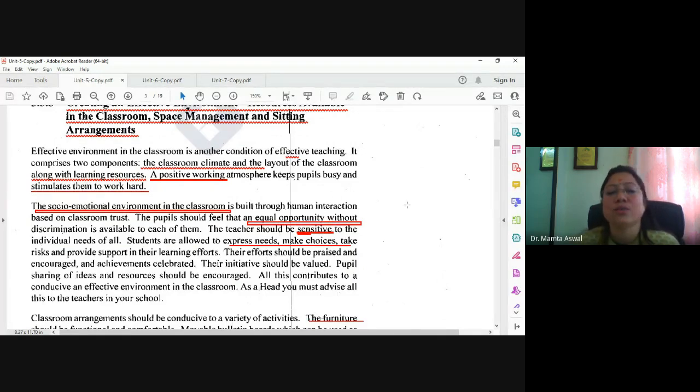So one thing is the social emotional environment in the classroom. When we say social emotional classroom environment, there are two points in that: one is social, the other one is emotional. Earlier I told you about social development and emotional development. How will the teacher build the social emotional environment in the classroom?